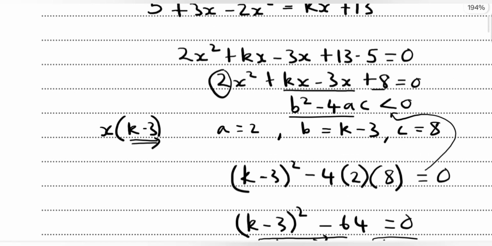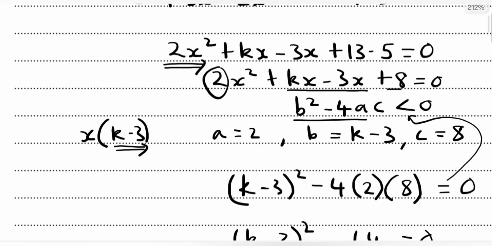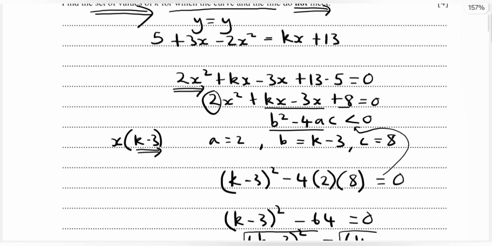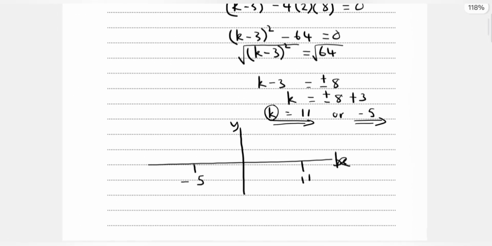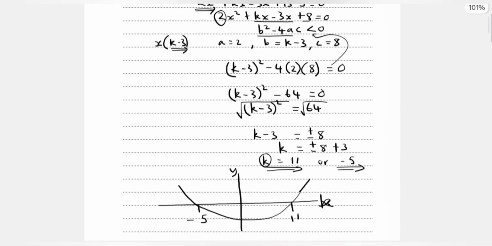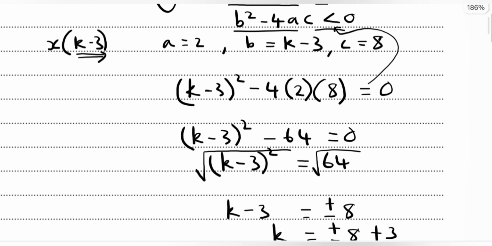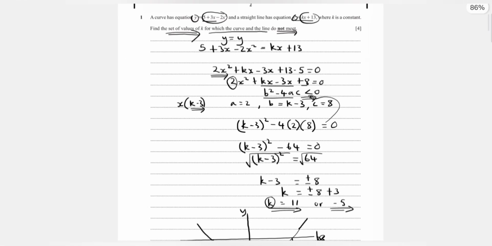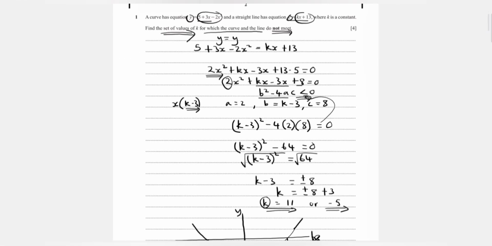And if we come up here, we can see that the coefficient of x squared was positive, right? Meaning that the parabola will be facing upwards like this, right? Now with this, we consider this side. We're back to our discriminant. We said b squared minus 4ac should be less than 0 for the curve and the line not to meet, right?